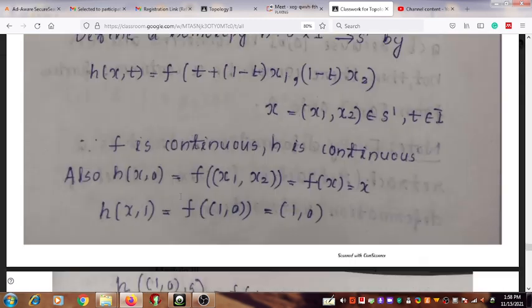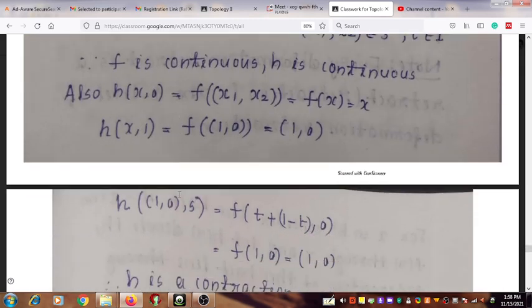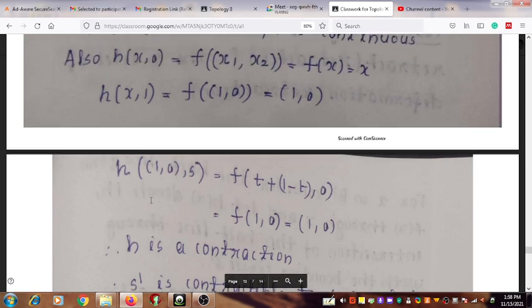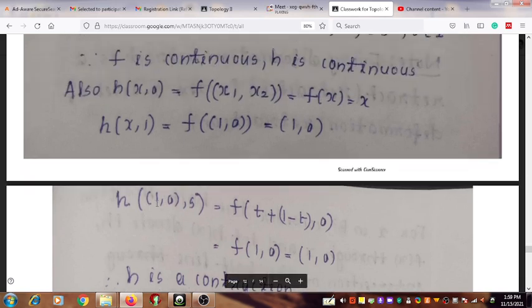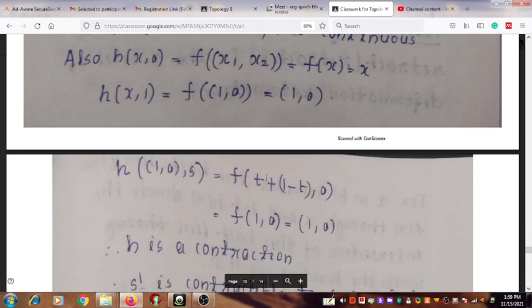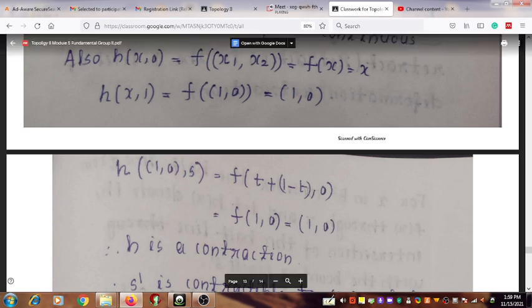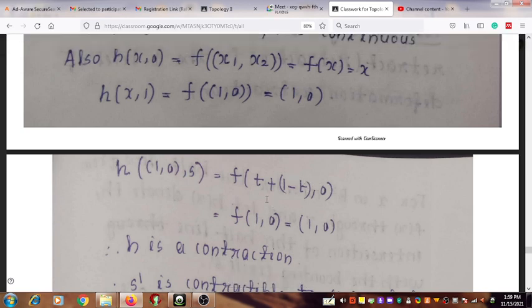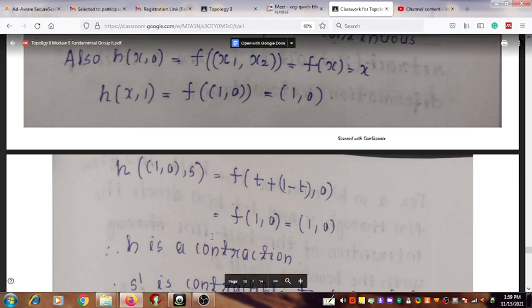Then we have H at the point (1,0), t. H((1,0), t) is equal to f(t + (1-t), 0), that is f(1,0), which equals (1,0). This shows that H is a contraction.